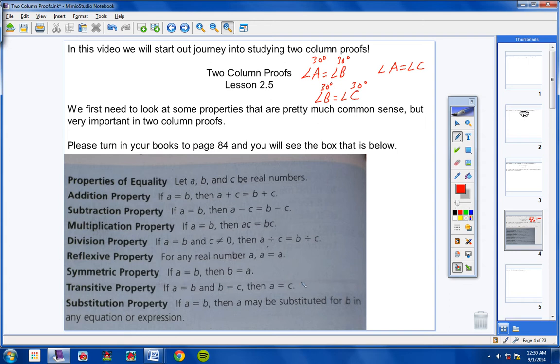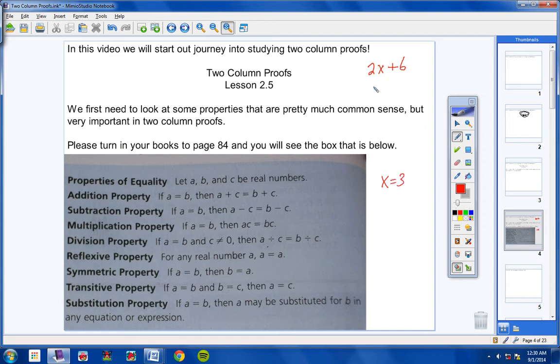All right? And then last but not least, obviously, if A equals B, then A can be substituted in for B. And we know that. Look at that again. If A equals B, then you can substitute A in for B because A equals B. And students, again, we've done that your whole mathematical life, and we have an expression like 2x plus 6, and we say x equals 3.